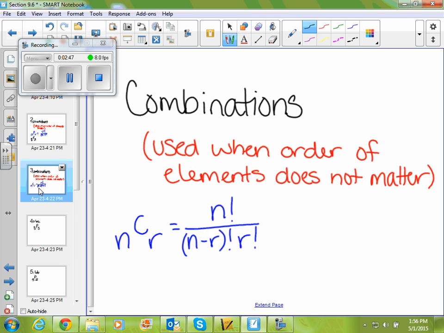Combinations are used way more often because most of the time order doesn't matter. An example of a combination might be if you were looking at a deck of 52 cards and you wanted to figure out how to get 4 of a kind out of those 52 cards. So 52 combinate 4. And so your combination model is n factorial divided by n minus r factorial times r factorial.